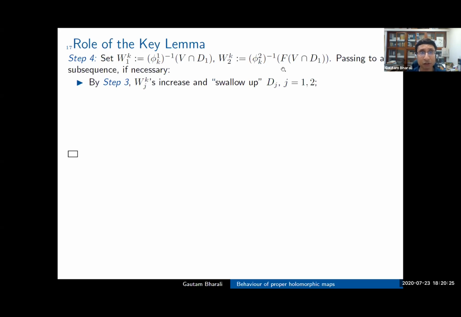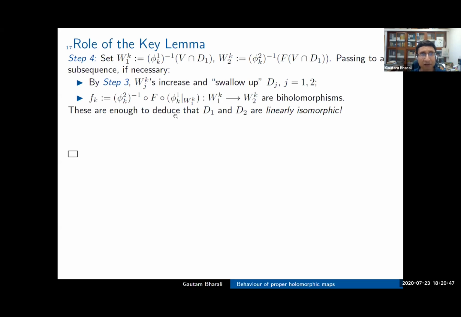And by passing to a subsequence, I get a sequence of W sub j's. I get a sequence of W upper k's. The subscript j pertains to the dj. I get a sequence of w's which, as in the key lemma, contains the origin by construction, but by passing to a subsequence, I get bigger and bigger sets that swallow up dj.